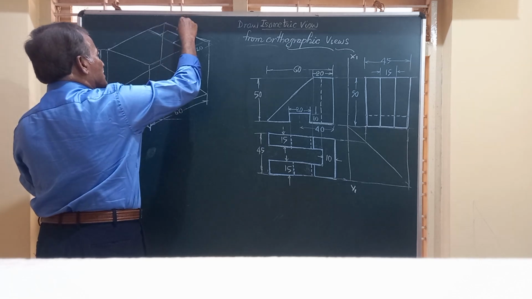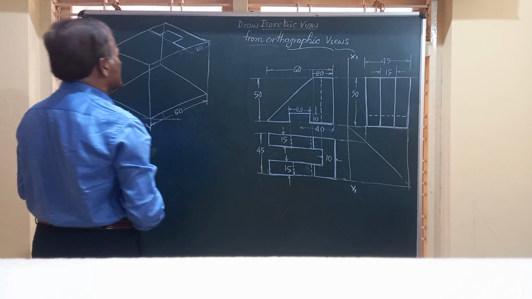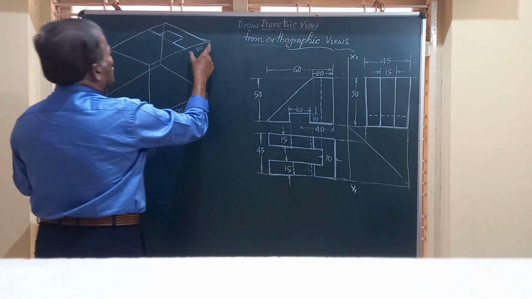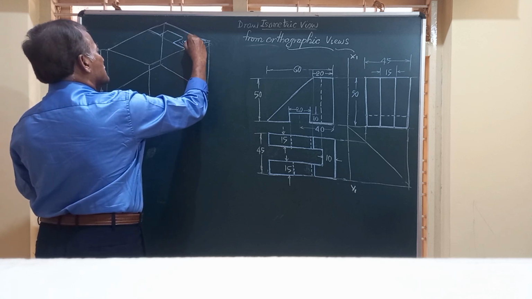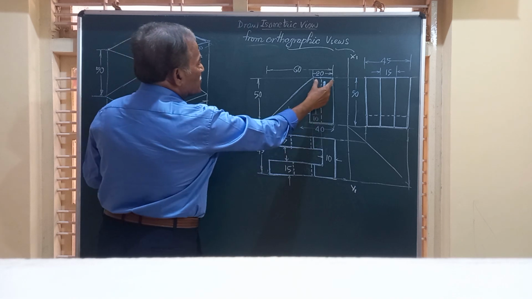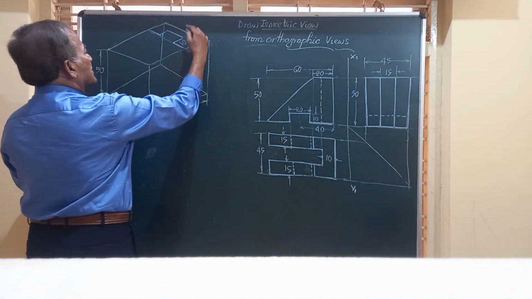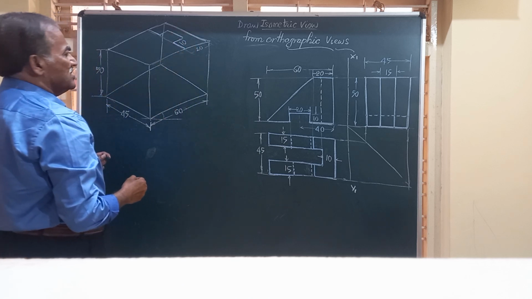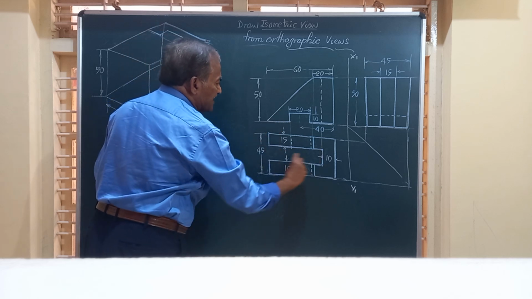So friends, this is a part of this isometric view. You can see here this dimension is totally 20 and this is 10, and this width is equal to how much? 10 again. So this is 10 and this is also 10. Now friends, from here there is a sloping surface and you can see three rectangles here.